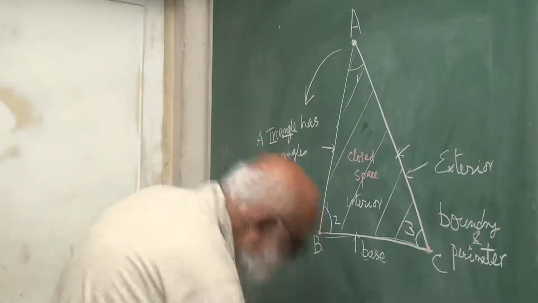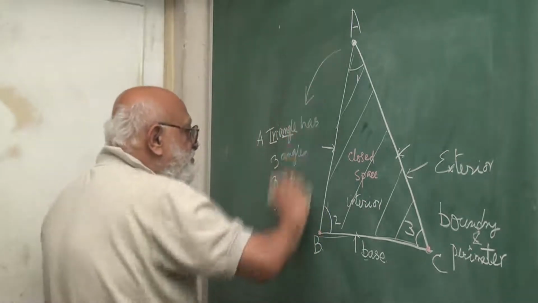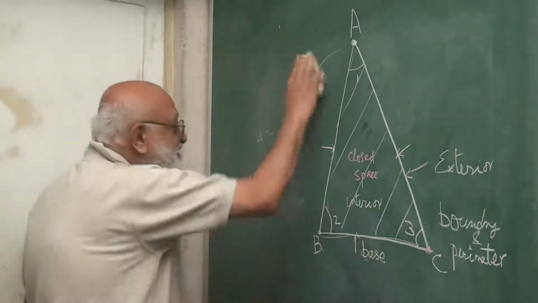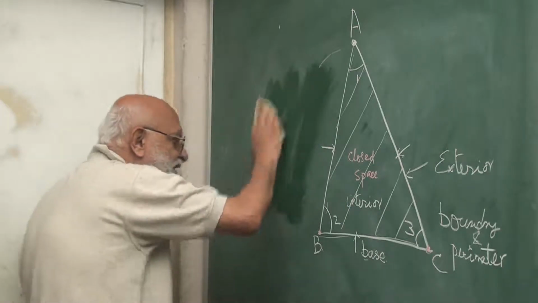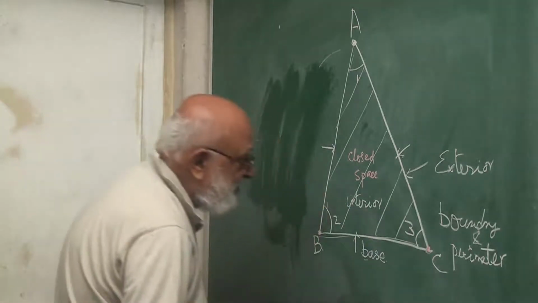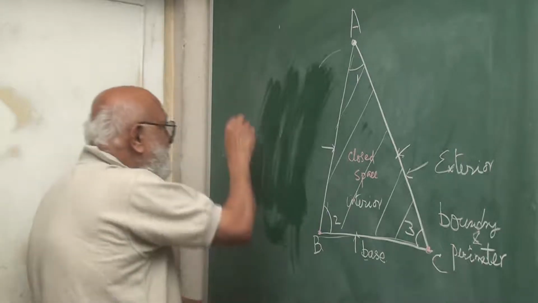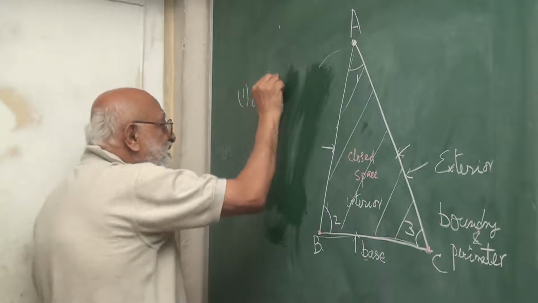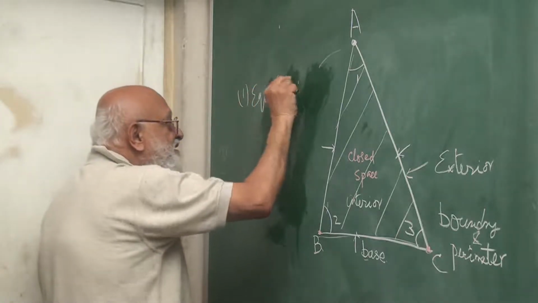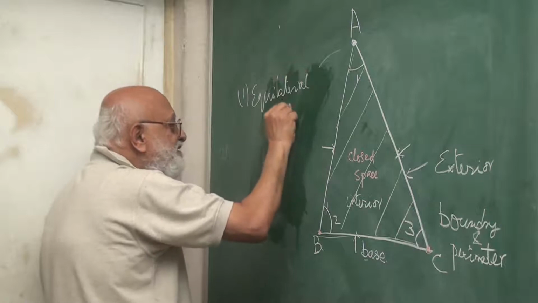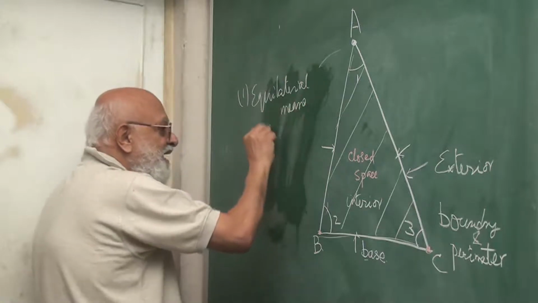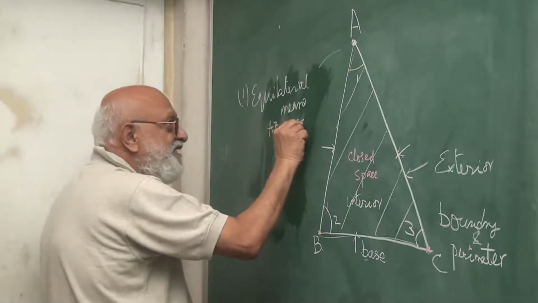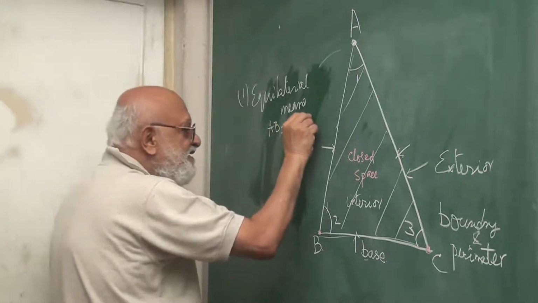Okay, now these triangles are also classified. How are they classified? There are three classifications. One, we will call it equilateral, which means the distance AB is equal to BC is equal to CA.